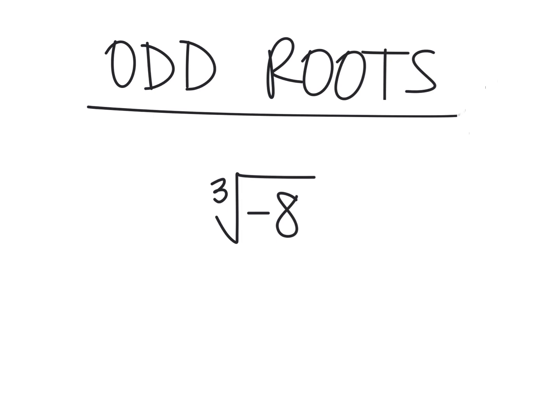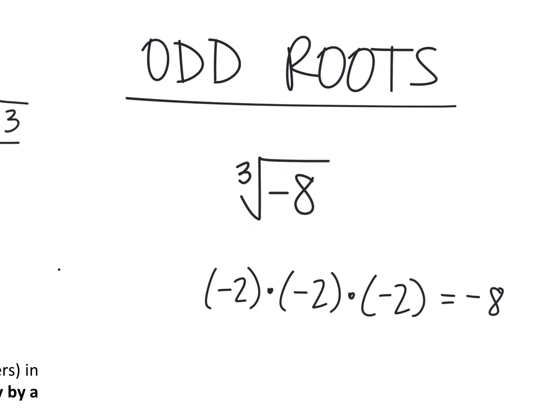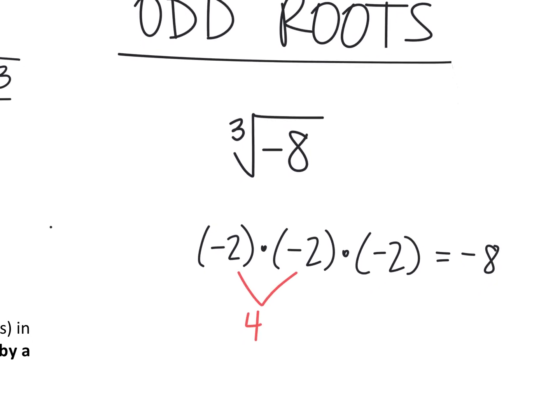Yeah, the cube root of 8 is 2, but if I do -2 times -2 times -2, I should get -8. The reason why is because this would get me +4, and then +4 times -2 gets me -8, okay? So the answer here is not 2i, but -2.